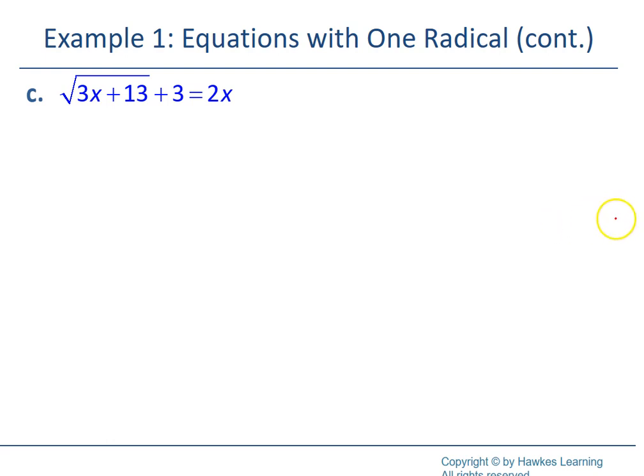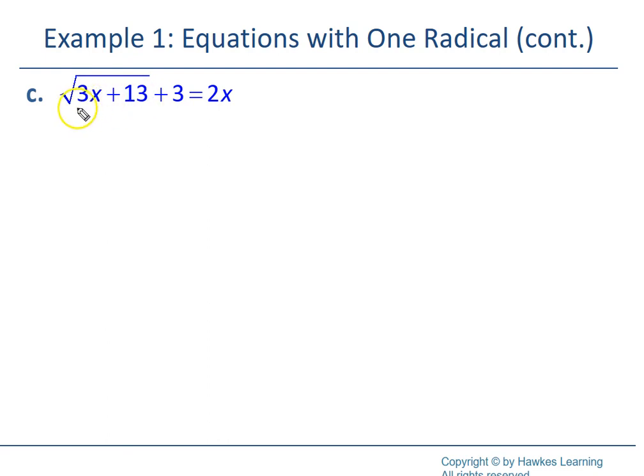Again, for example 1, letter C, you want to copy this down, and as part of the rules, we want to isolate a radical on one side.